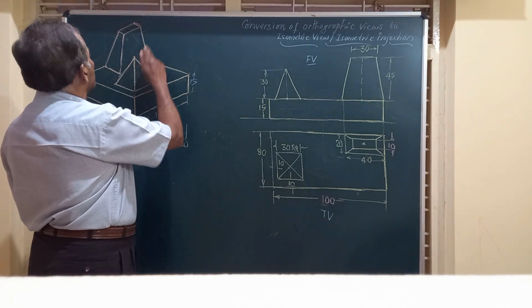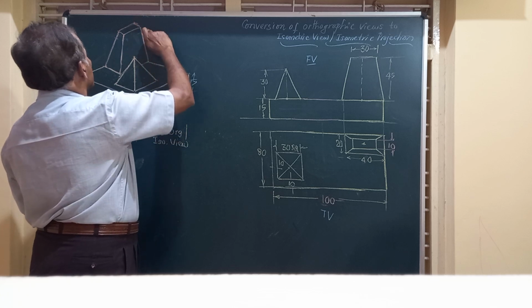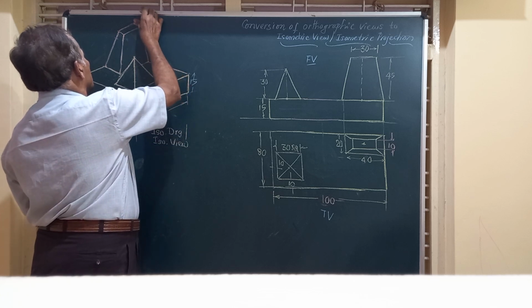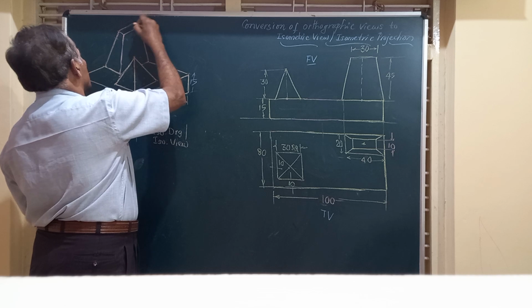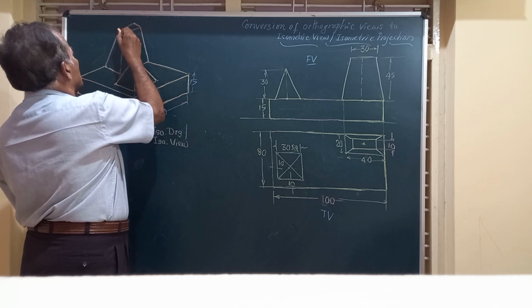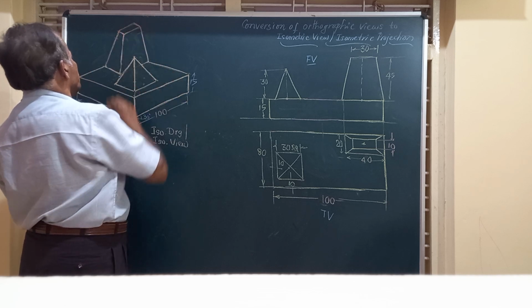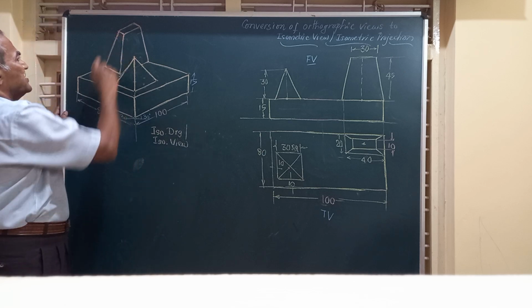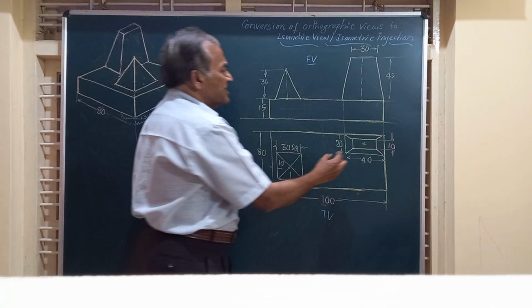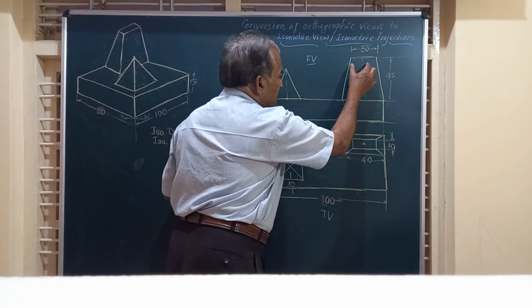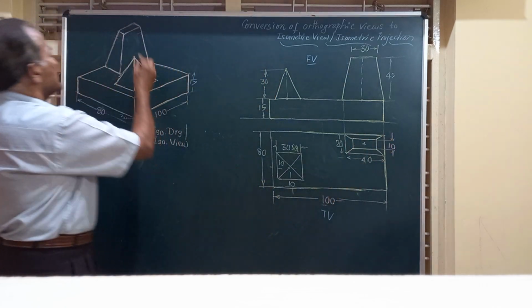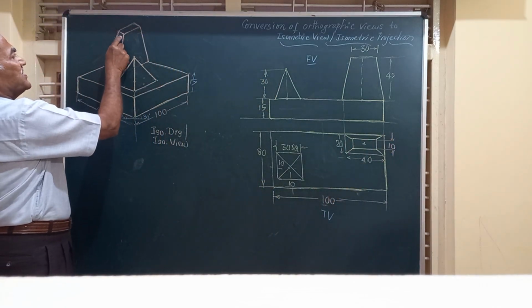Finally, friends, we have to check whether the top view of the frustum is right or wrong. Friends, if you observe here, the dimension at the top is 30 by 10. This length is 30, this width is 10.